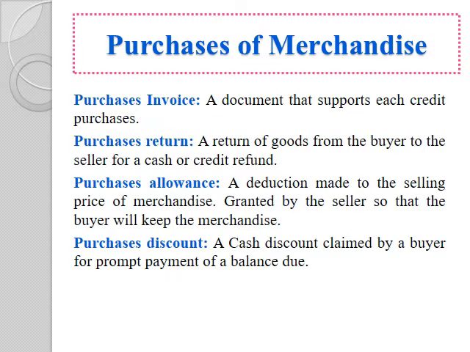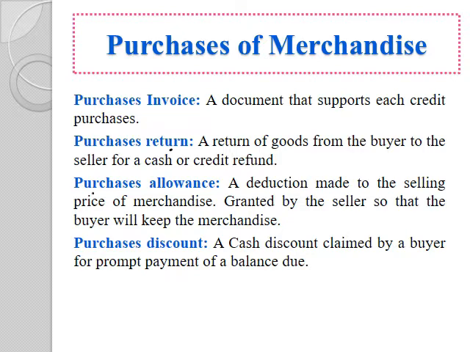Now let's recognize the main concepts of merchandise companies. Purchases invoice, a document that supports each credit purchases. Purchases returns, a return of goods from the buyer to the seller for a cash or credit refund.